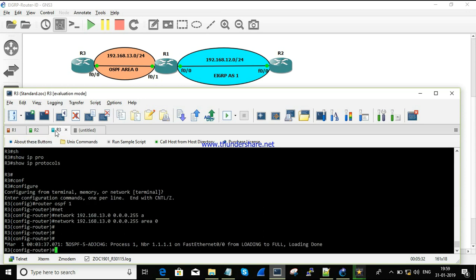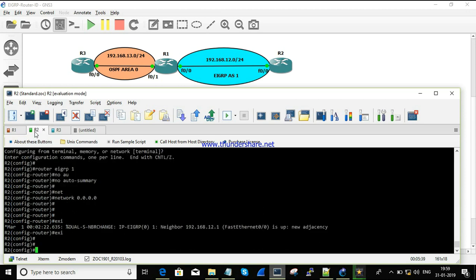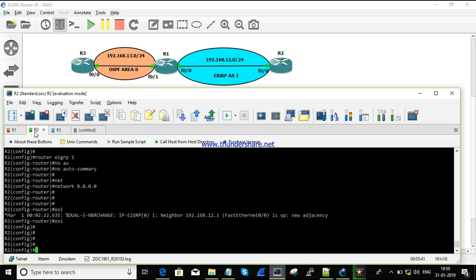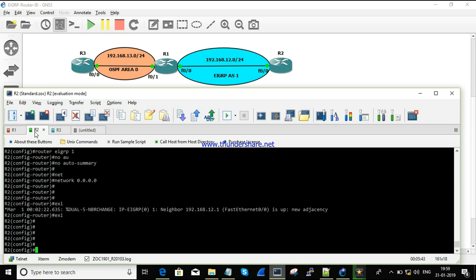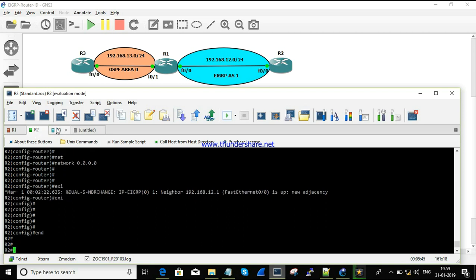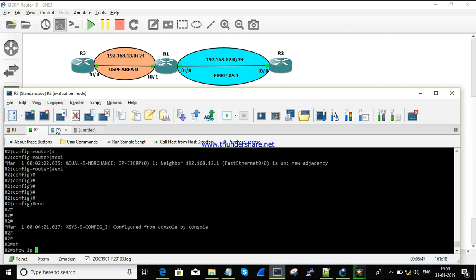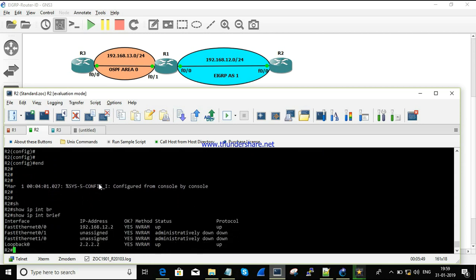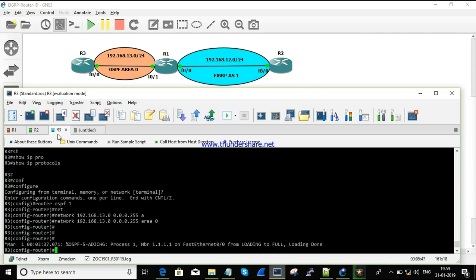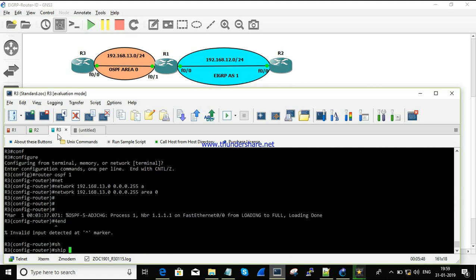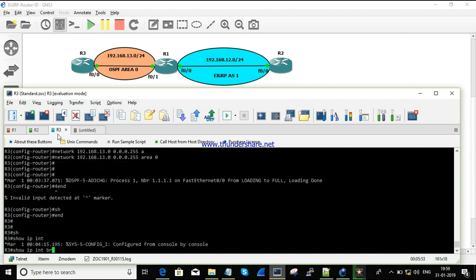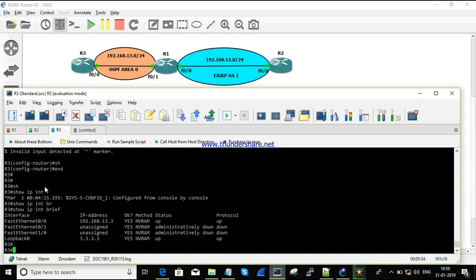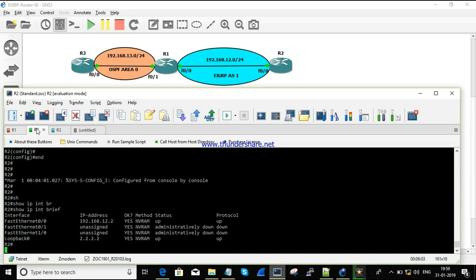Now R2 should have the R3 information in its routing table. First, in R3, we need to check what information is there. 3.3.3.3 is what we are going to look into now.